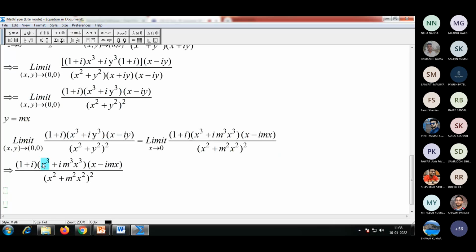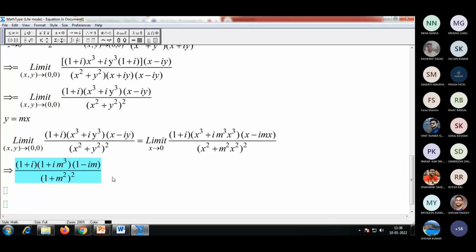This value is 1 plus iota m cube, then 1 minus iota m, then m square and 1 plus m square. So ultimately it is coming in terms of m.